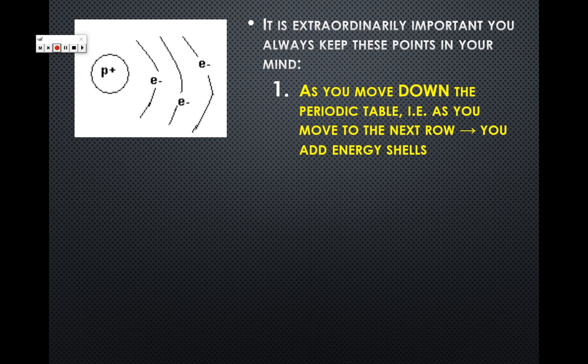So when you add energy shells, that obviously makes the atom larger. Row number 1 has 1 shell, row number 2 has 2, row number 3 has 3, etc. We already talked about that.